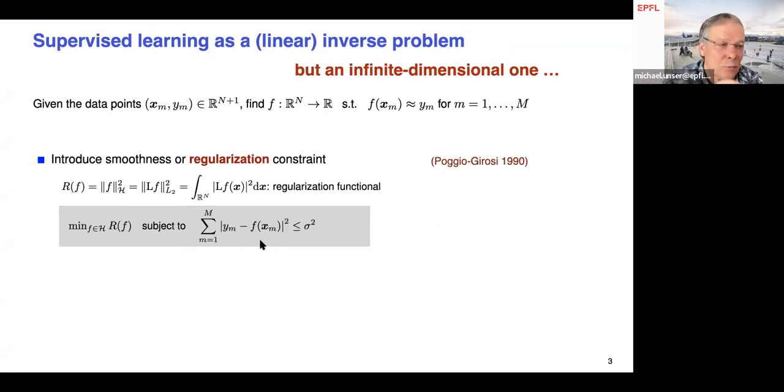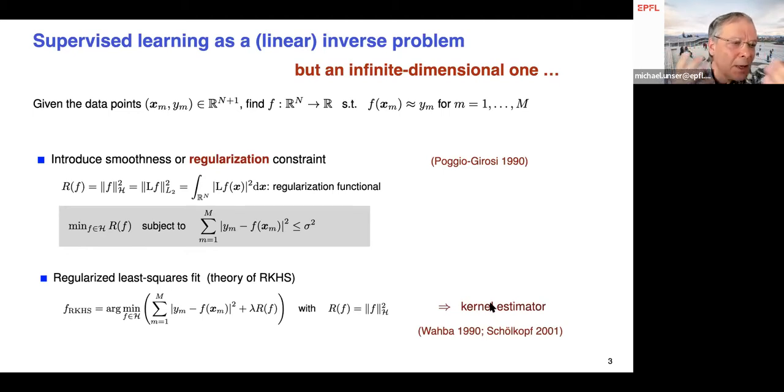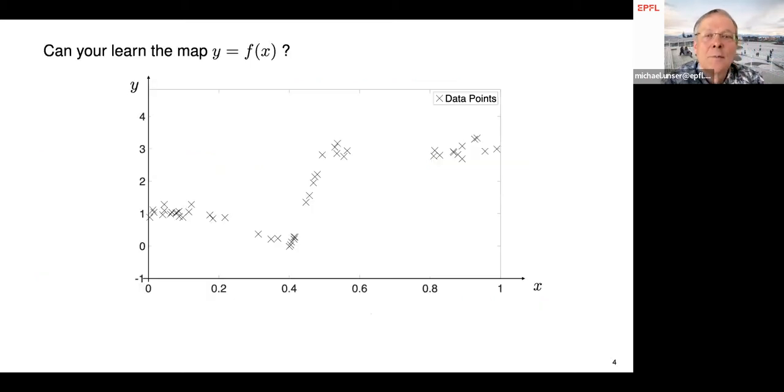And to deal with the indetermination, you will look for the function that minimizes this energy in a certain Hilbert space, which can be a reproducing kernel Hilbert space. That's where the very rich theory of reproducing kernel Hilbert spaces comes in. You can show that if H here is a so-called reproducing kernel Hilbert space, then the solution leads to kernel estimators. That has been a very important topic in classical machine learning.